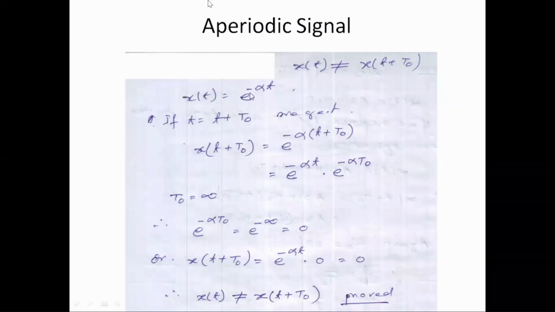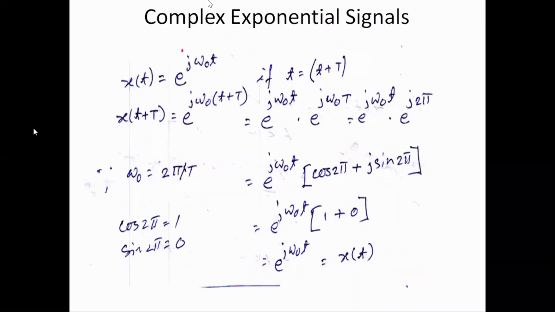You studied that in your 12th standard. For complex signals, we shall use j, where j is root over minus 1. So x(t) equals e to the power j omega 0 t. Now if it is repeating, then it should satisfy x(t plus T) equals x(t).